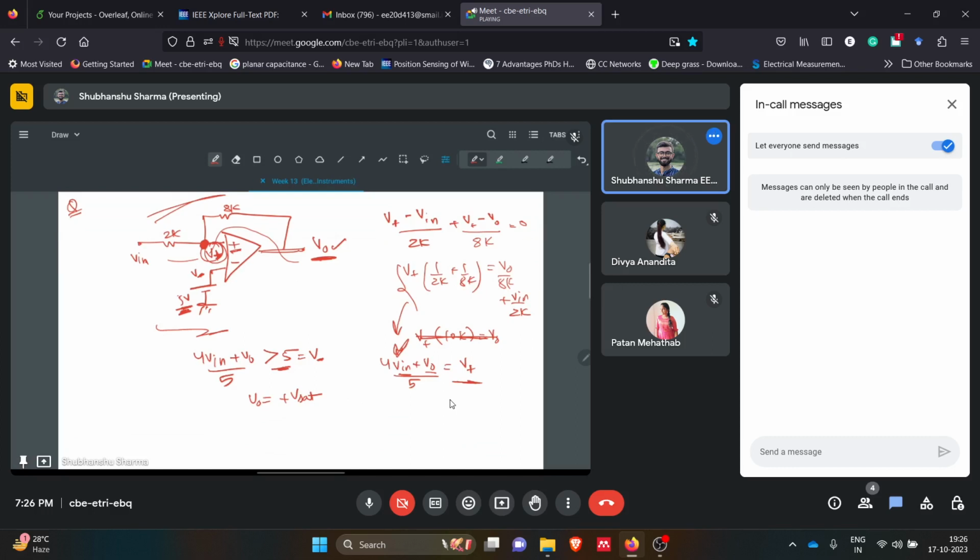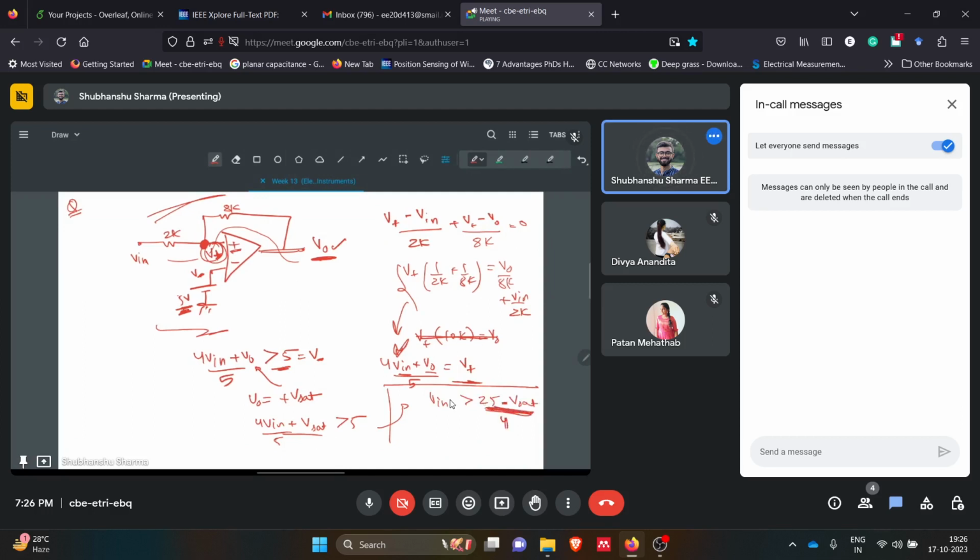So we can replace V naught by V saturation: (4V in plus V saturation) by 5 greater than 5. If you solve this, you will get V in greater than (25 minus V saturation) by 4.